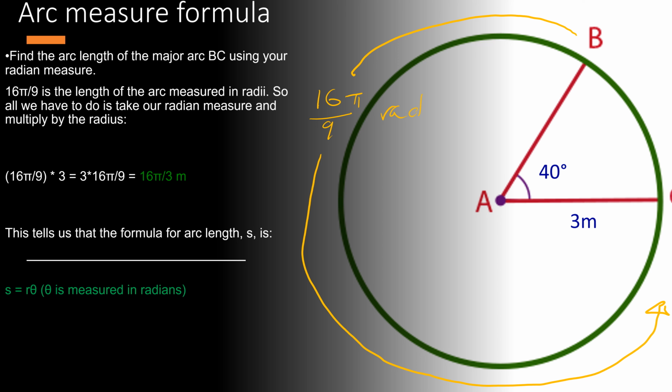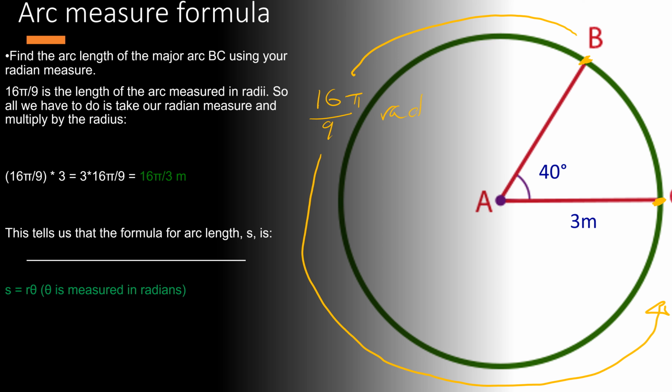Again, 16 pi over 9 radians is the measure of our major arc, and we know from a couple of slides ago that this tells us how many radii are covered along this major arc. So 16 pi over 9 radii is the distance from B along the major route to point C. Here, my radius is 3 meters.